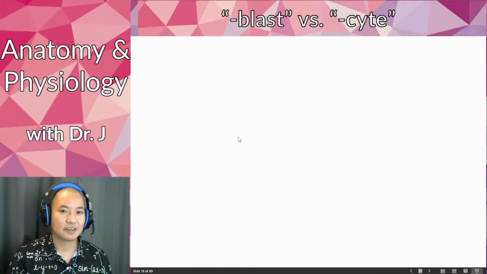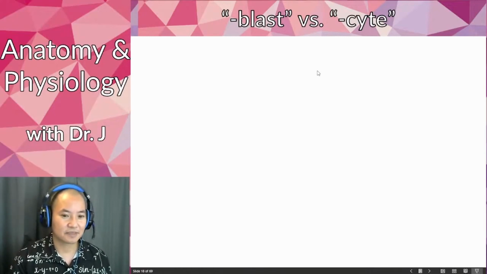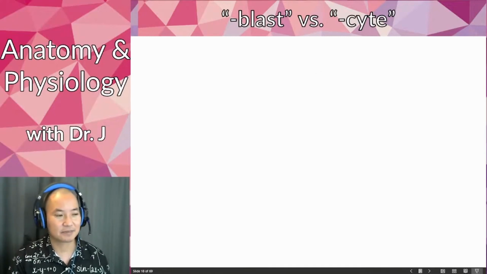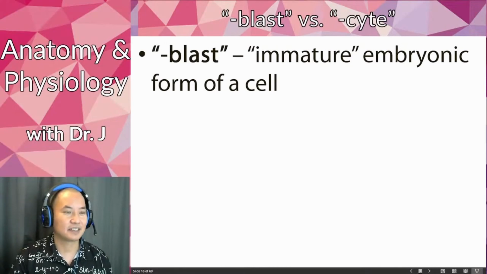Now, this is something you often see in different types of cells. Whenever you see a cell that ends with blast or a cell that ends with cyte, typically if they start with the same thing, if there's a blast, there's probably a cyte. Blast is the immature form, like a young adult version of a cell.